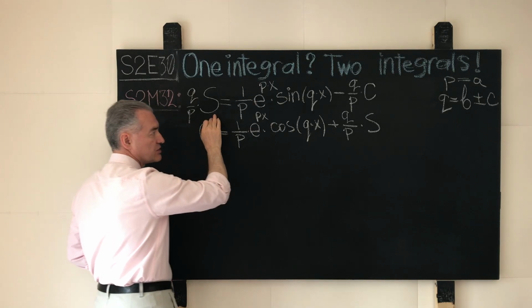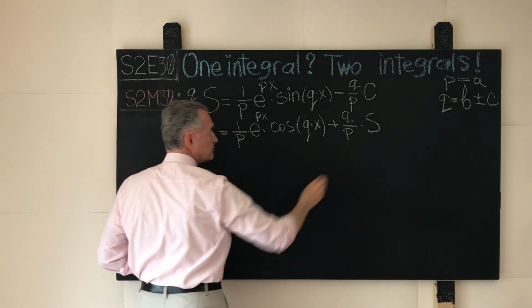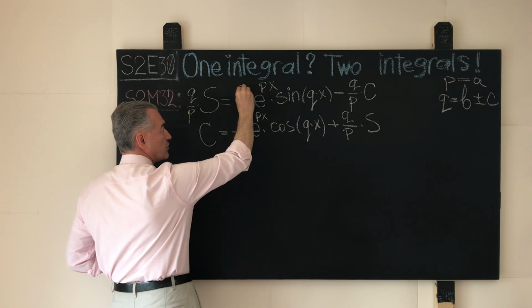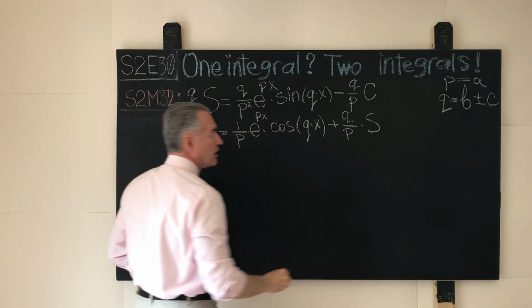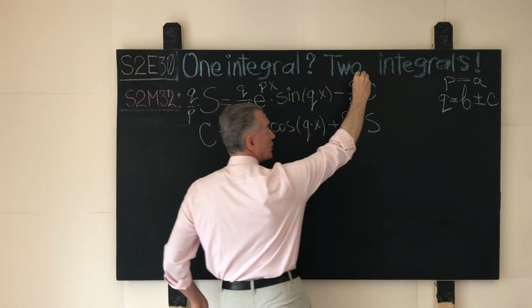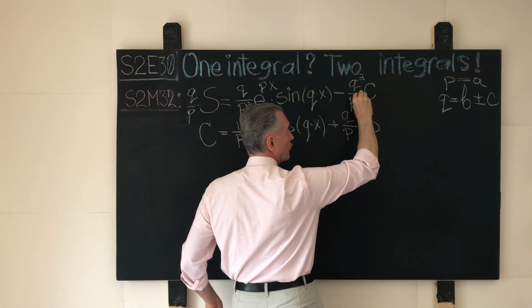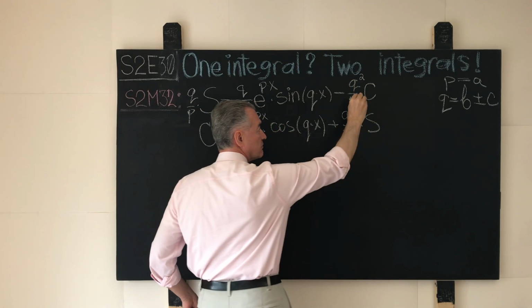This is exactly the shape of the summand that we have over here. Here we will have q over p squared. And here what we will have? q squared over p squared.